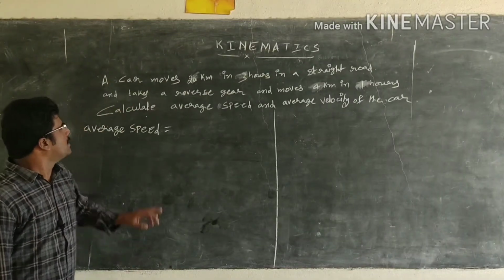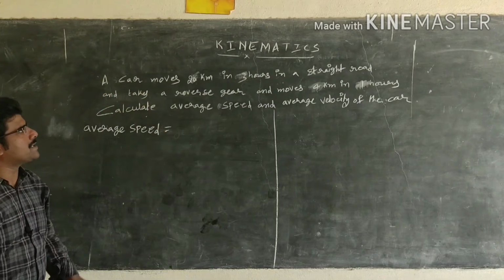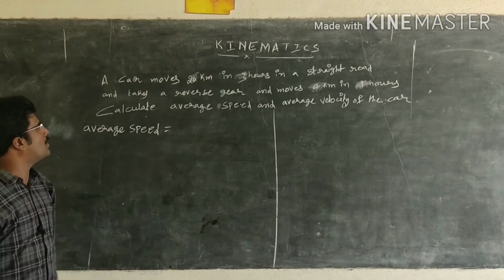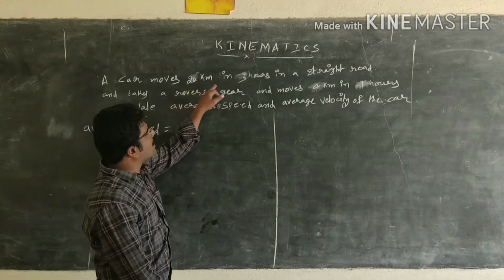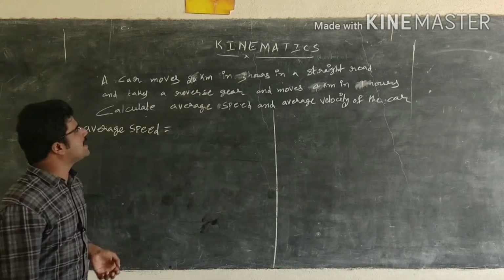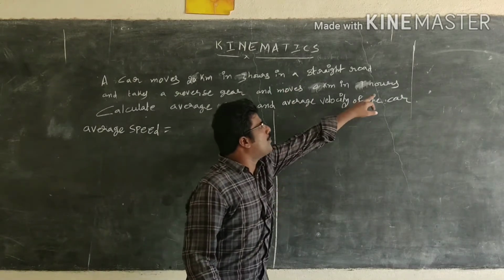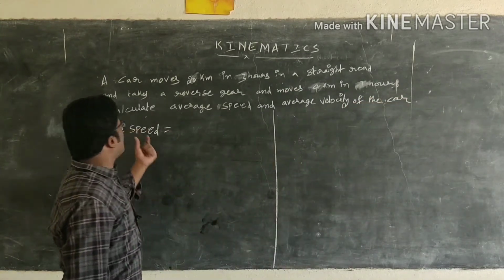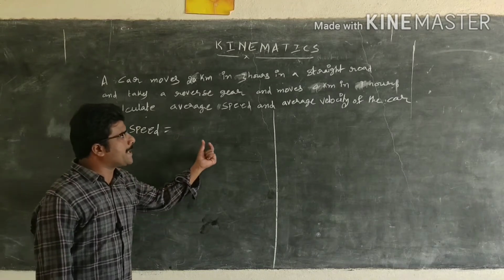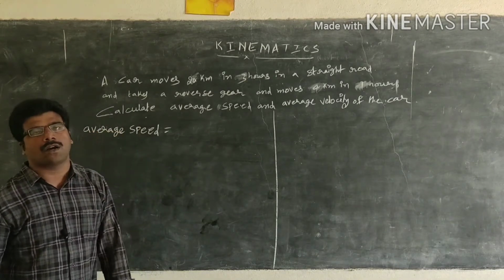See this problem. A car moves 20 kilometers in 3 hours on a straight road. After traveling 20 kilometers, it takes reverse gear and moves 4 kilometers. For that, it takes 1 hour. Now, we want to calculate the average speed and average velocity of the car.